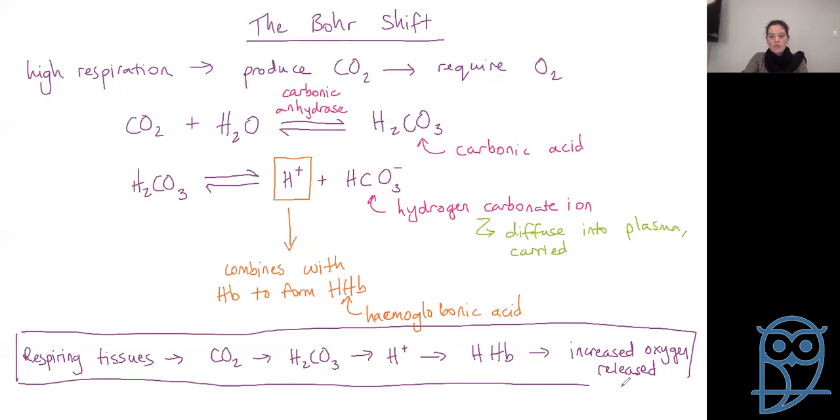So we're increasing the efficiency of this process, this release of the oxygen in the tissues where it is needed. So let us now have a look at actually what that Bohr shift looks like on a graph and how that can then relate into questions.